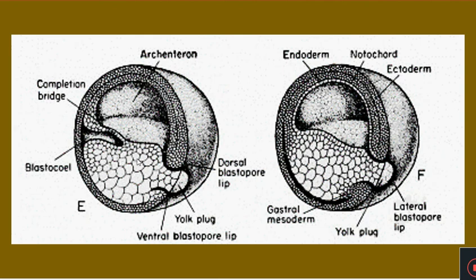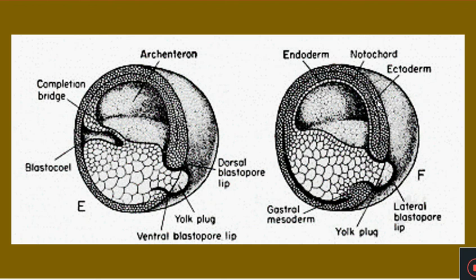So these are the various events occurring during gastrulation, and the final gastrula will enclose a cavity, and this cavity is called as the Archenteron, which will become the future gut of the embryo. It will become the future gut of the embryo, and this has got two layers now, an outer layer and an inner layer.